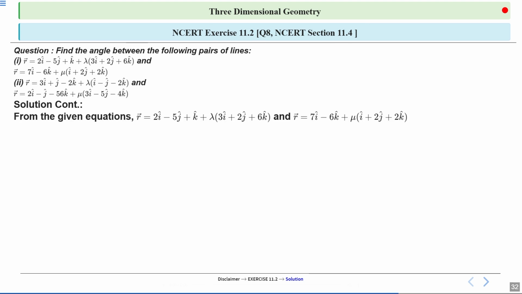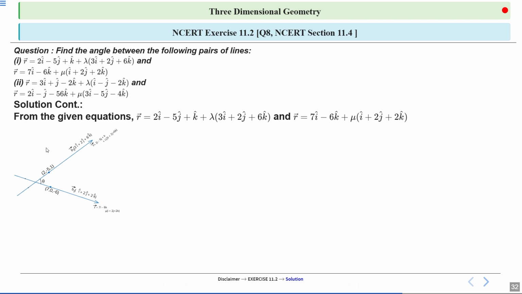From the given equations, vector r equals 2 i cap minus 5 j cap plus k cap plus lambda times 3 i cap plus 2 j cap plus 6 k cap, and vector r equals 7 i cap minus 6 j cap plus mu times i cap plus 2 j cap plus 2 k cap. Here, first of all, visualize the diagram.